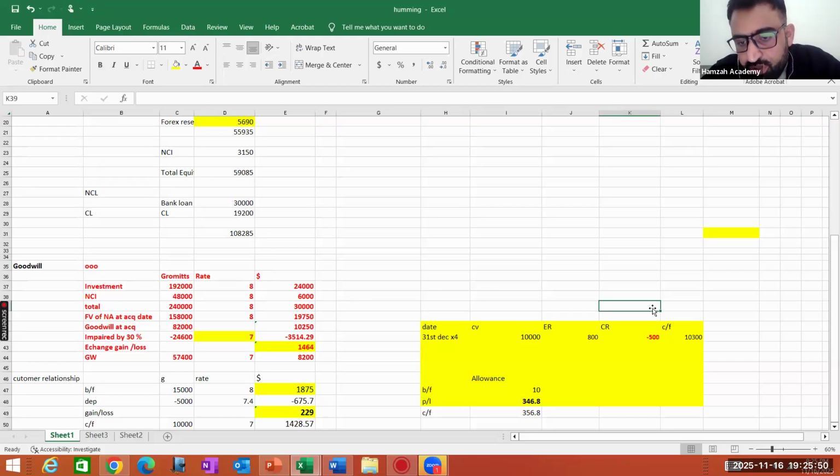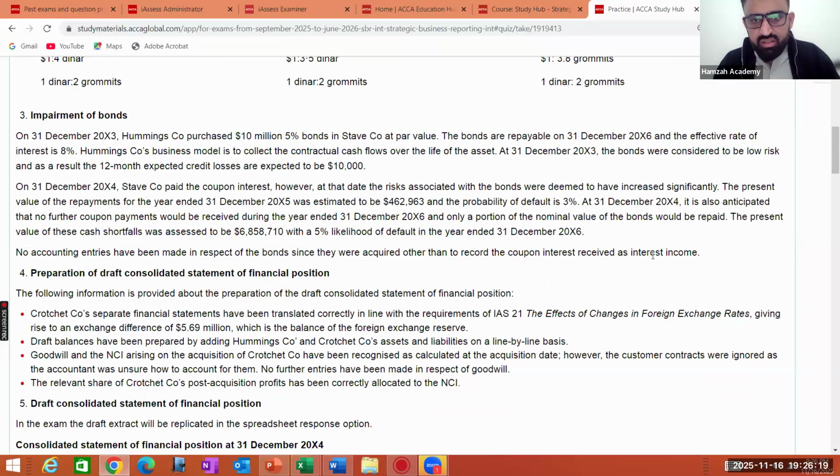But the correct thing to record is that interest income should have been recorded as 800 and 300 should be recorded as a part of the financial asset. And they should also record the loss allowance expense of 346.8. And in the balance sheet, the asset should be presented at the net amount, 10,300 minus the loss allowance. But according to them, they have performed only one entry, the coupon interest received, which they have recorded as interest income.